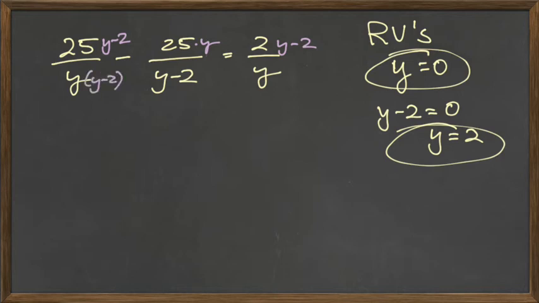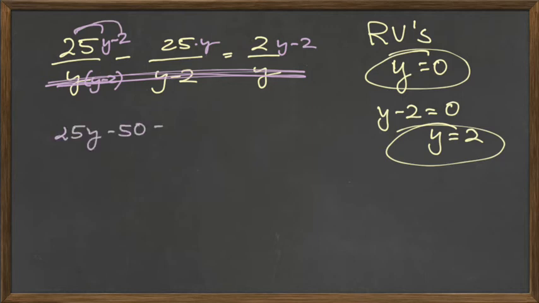So now we have this taken care of. We don't need the denominator anymore. We're going to distribute: 25y minus 50 minus 25y equals 2y minus 4. Okay, we can see that these guys cancel out.